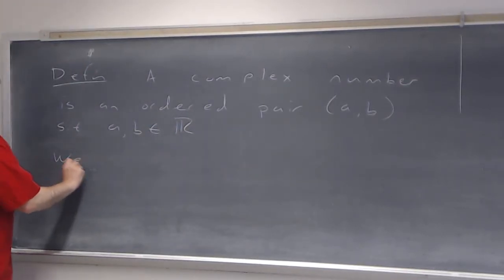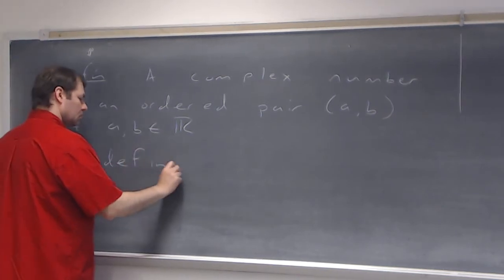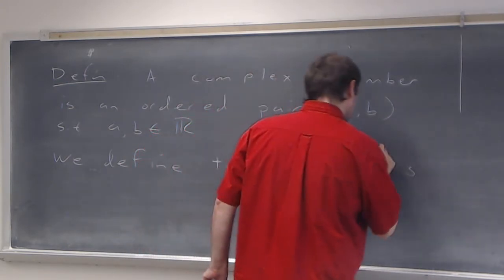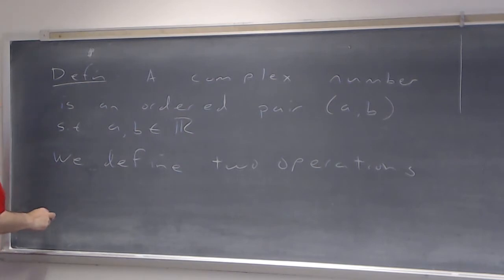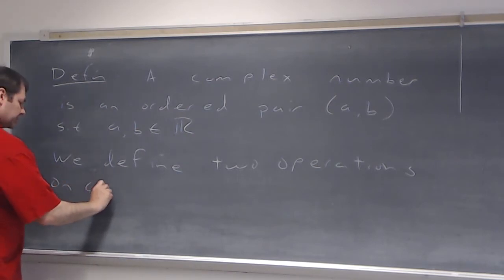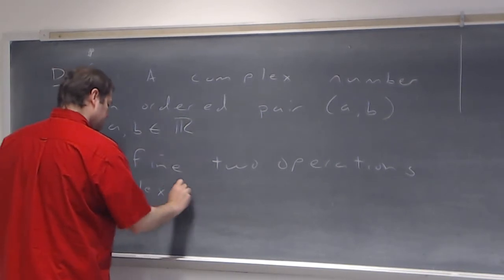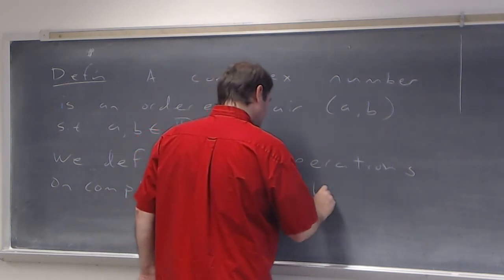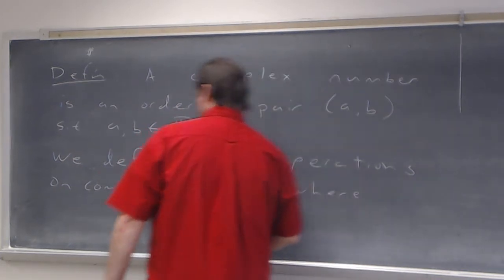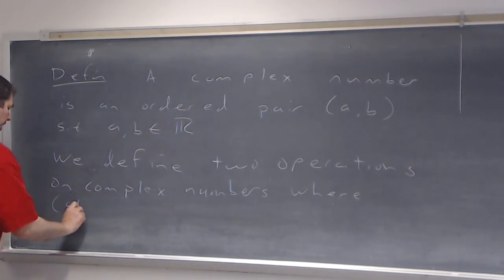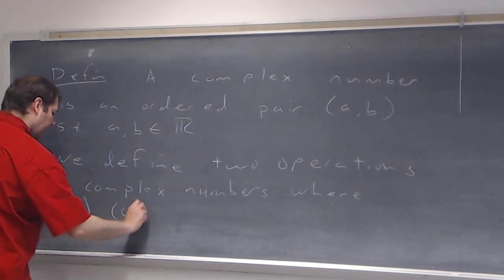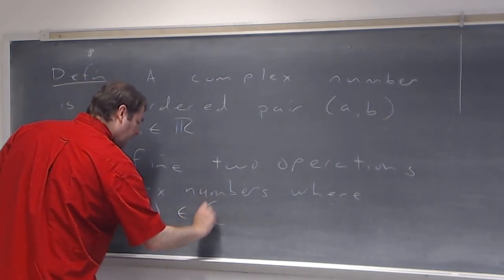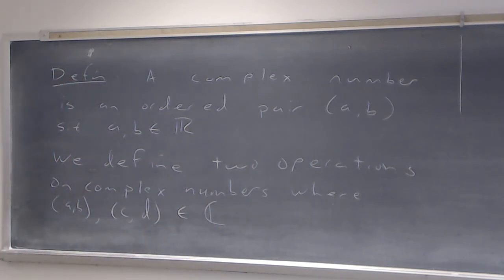We define two operations on complex numbers, where (a, b) and (c, d) are elements of the complex numbers, so that script C is for complex numbers.